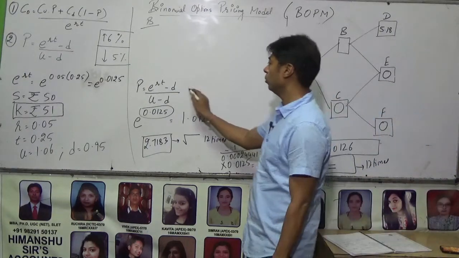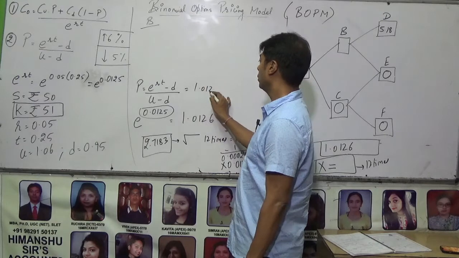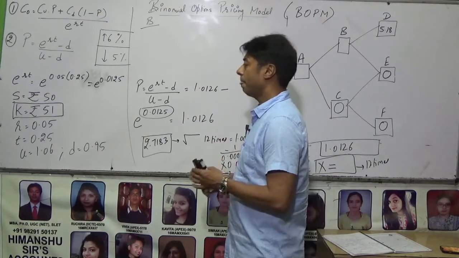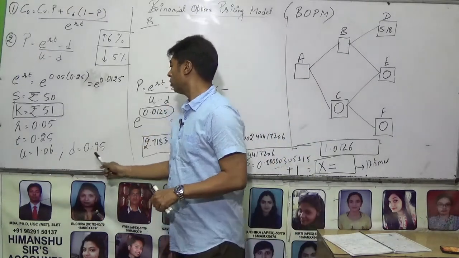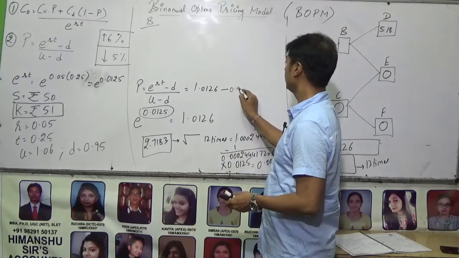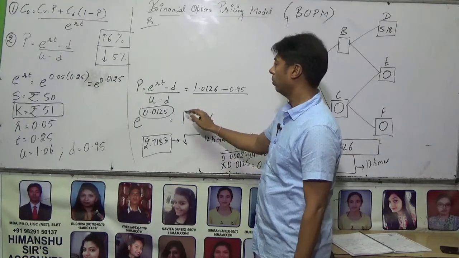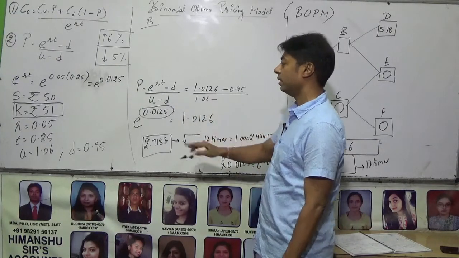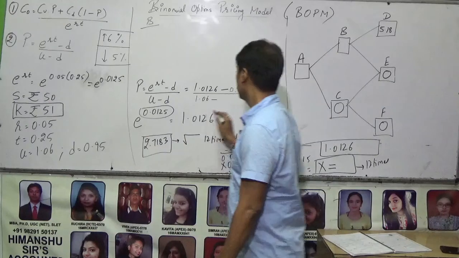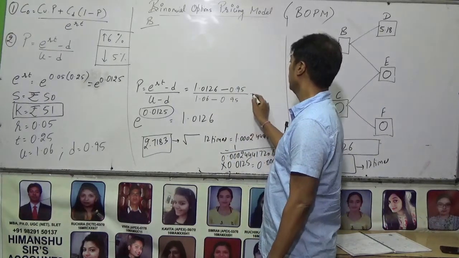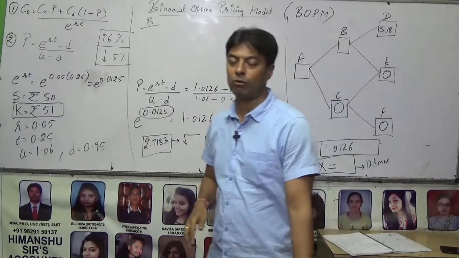So we have the value of e^(rt) as 1.0126. D, the downswing value, was 0.95, and U was 1.06 minus D, again 0.95. Now please solve it using your calculators.